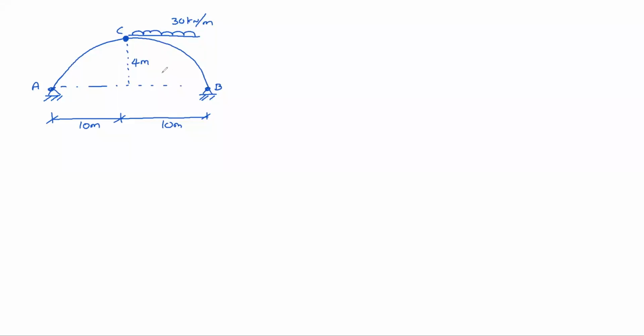That means in between A and C or in between B and C, you can expect some change in bending, in negative and positive. Suppose these are the reactions, of course you can find easily. What are the reactions here? WL by 8 and 3WL by 8.